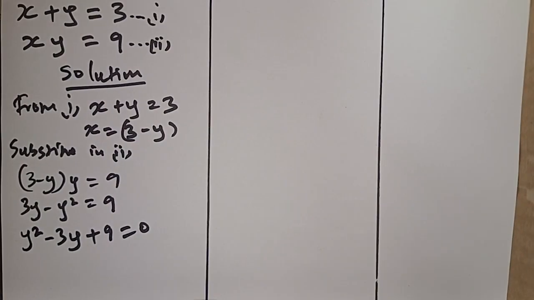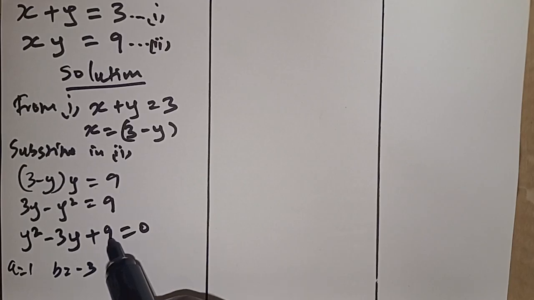Then from there, I want to identify the coefficients. The coefficient of y squared, a, is 1. The coefficient of y, which I'm going to call b, is negative 3. And the constant term c is 9.